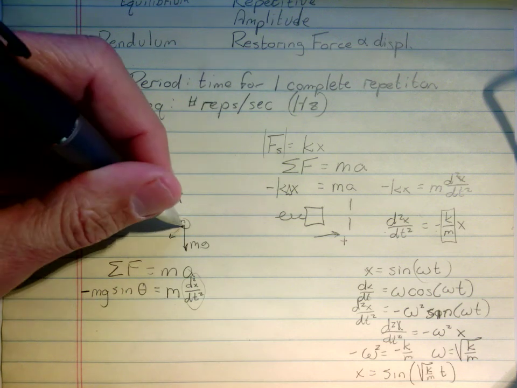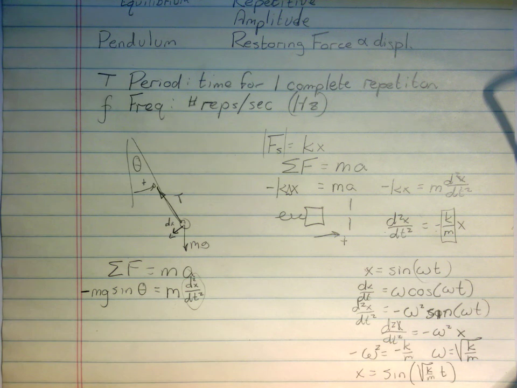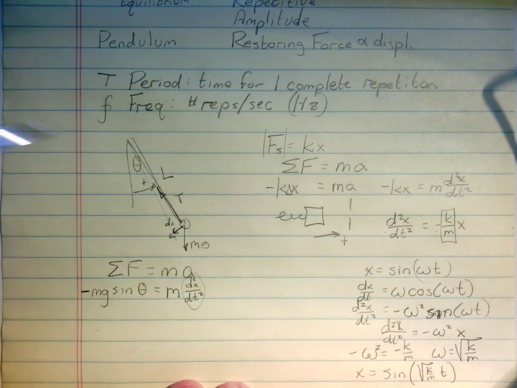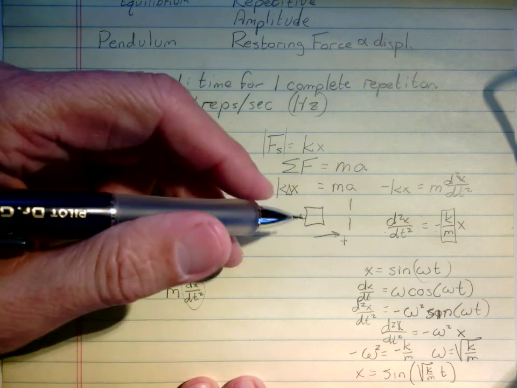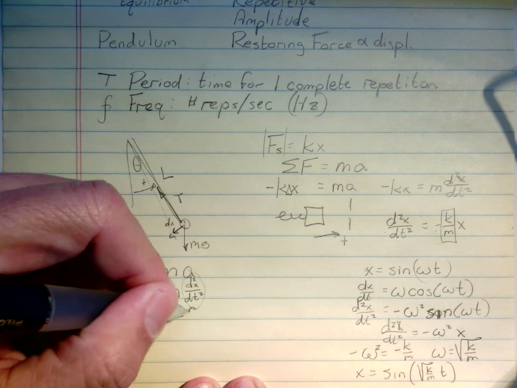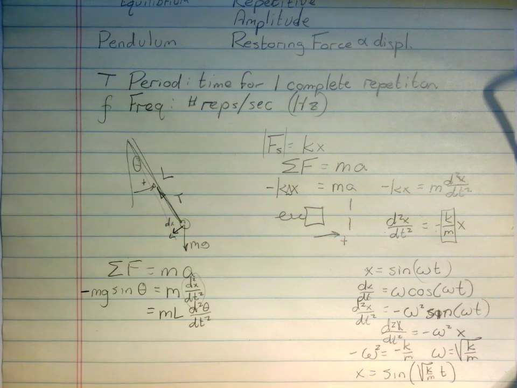I'm going to look at a little dx here, a little small x there, and that's going to be equal to this length times d theta. So this ends up being mass times length times d squared theta dt squared.